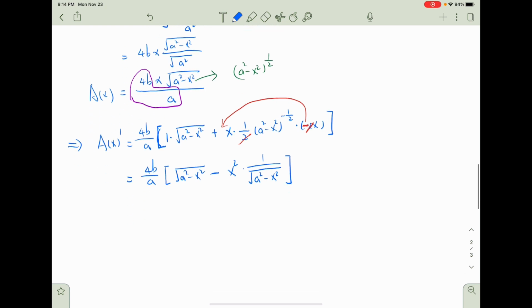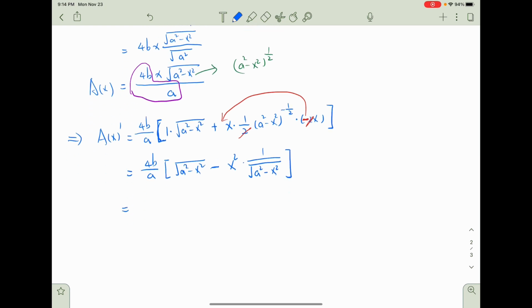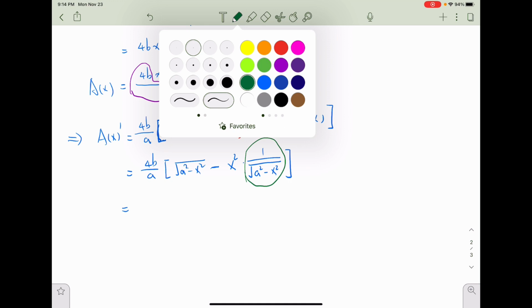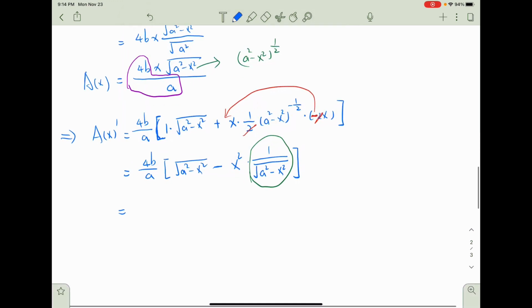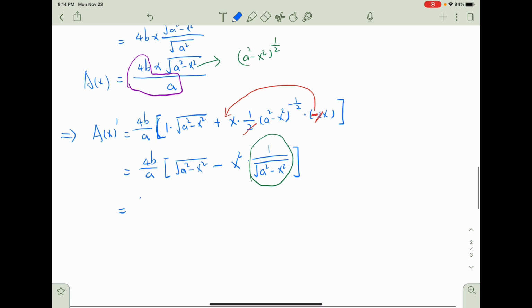Okay, like this. And the next step, we want to factor out this guy, 1 over the square root of a squared minus x squared, so that we have a nice form inside the bracket.